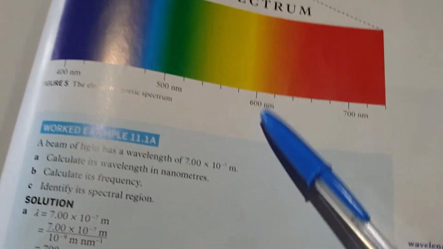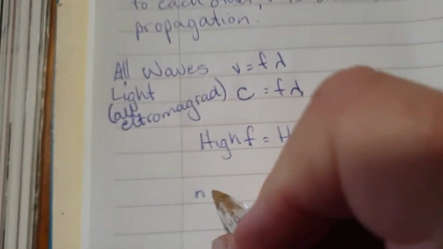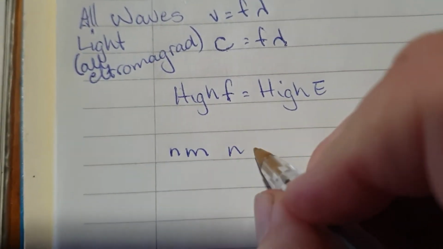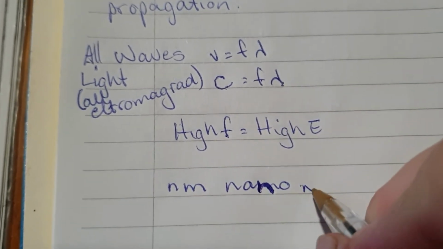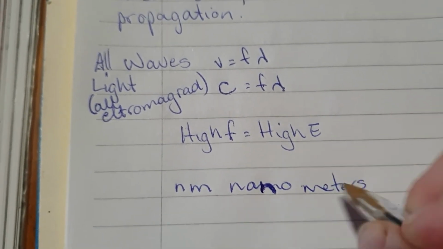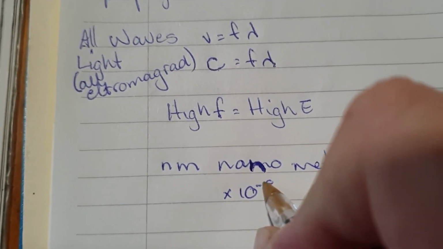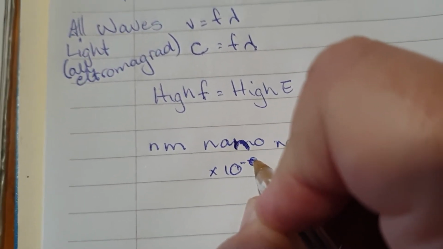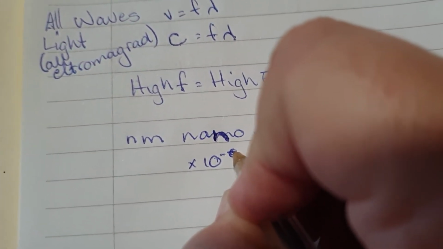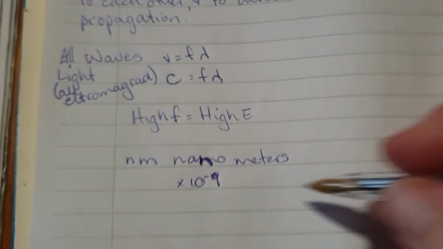They usually measure wavelengths in nanometers. Nano is times 10 to the negative 9 meters.